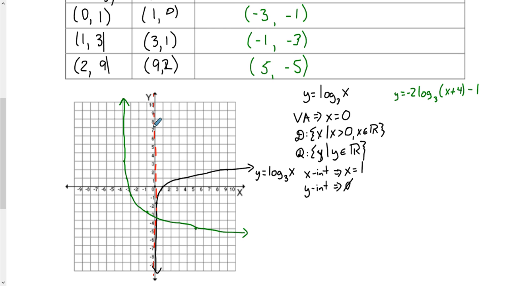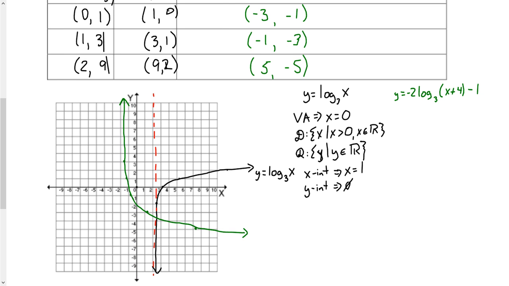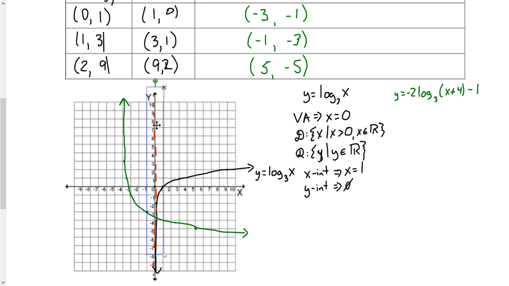So now let's take a look at what kind of characteristics we have. Our vertical asymptote has now shifted. Instead of being at 0, it's all the way at negative 4, which, actually I'm just going to write that first.